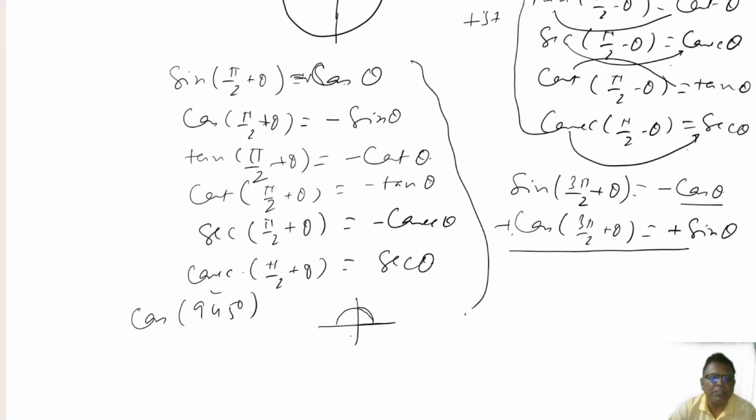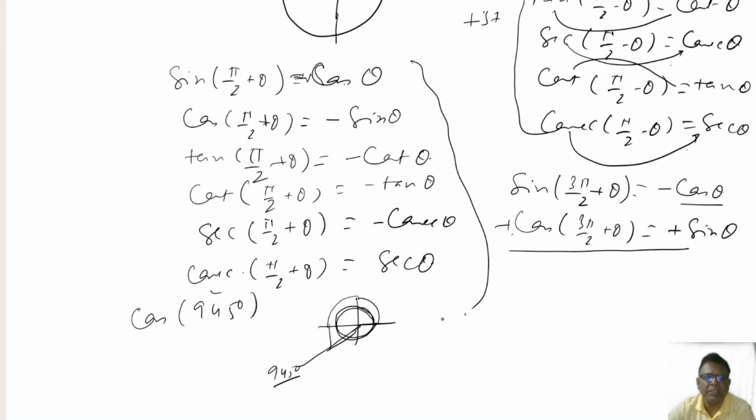So here it is 360 degree, then again move, 720 degree. Then 720 degree plus 90, 810 degree, then 900 degree, and again 945 degree. So this angle is 945 degree.